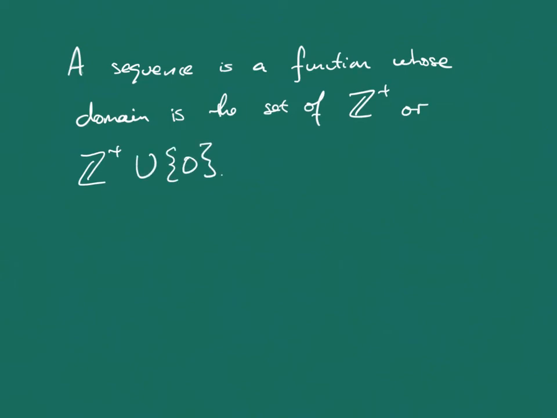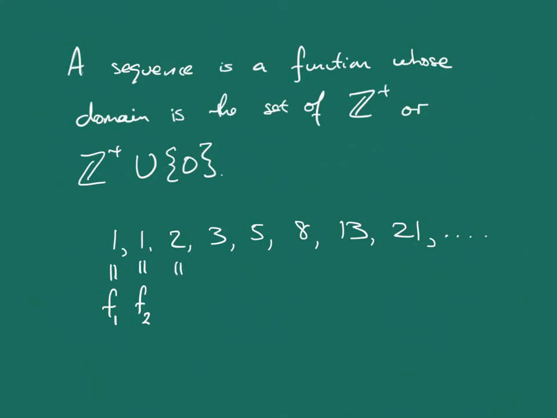So basically, if we have a sequence 1, 1, 2, 3, 5, 8, 13, 21, and so on and so on, where we see that this is going to be a sequence is that we say that our first element is maybe f sub 1, our second element f sub 2, our third element f sub 3.